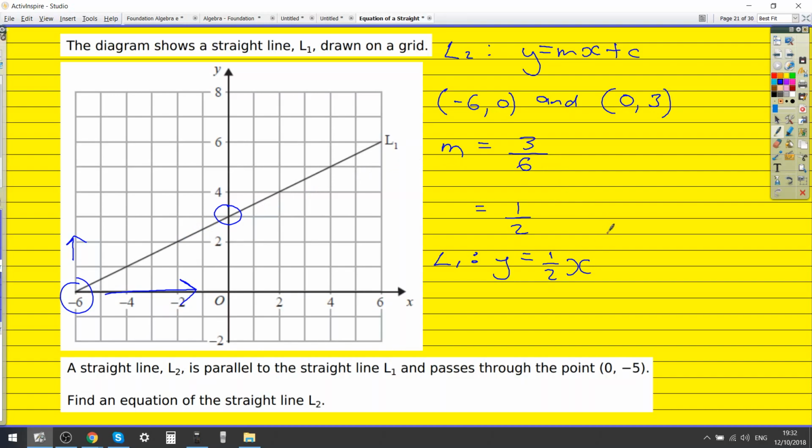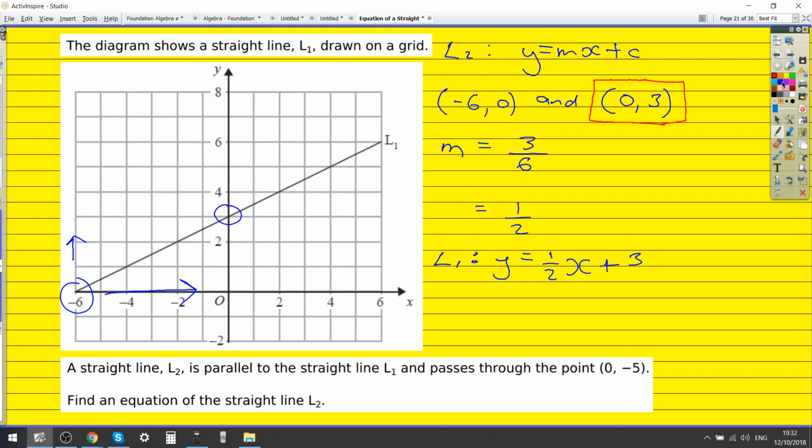Y is 3. Yeah. And so c is 3. So m is the gradient and c is the y-intercept. You can see here, this point 0, 3, when x is 0, c is 3.